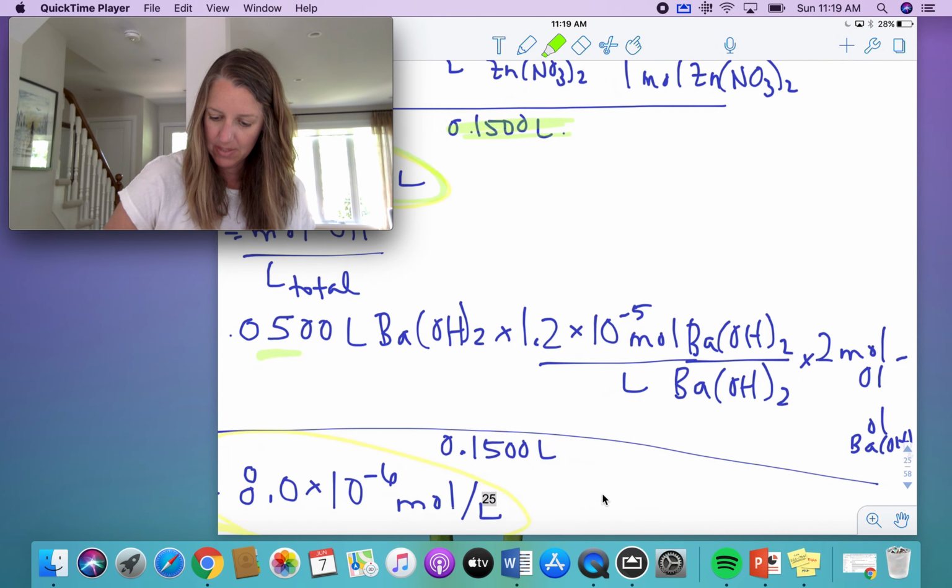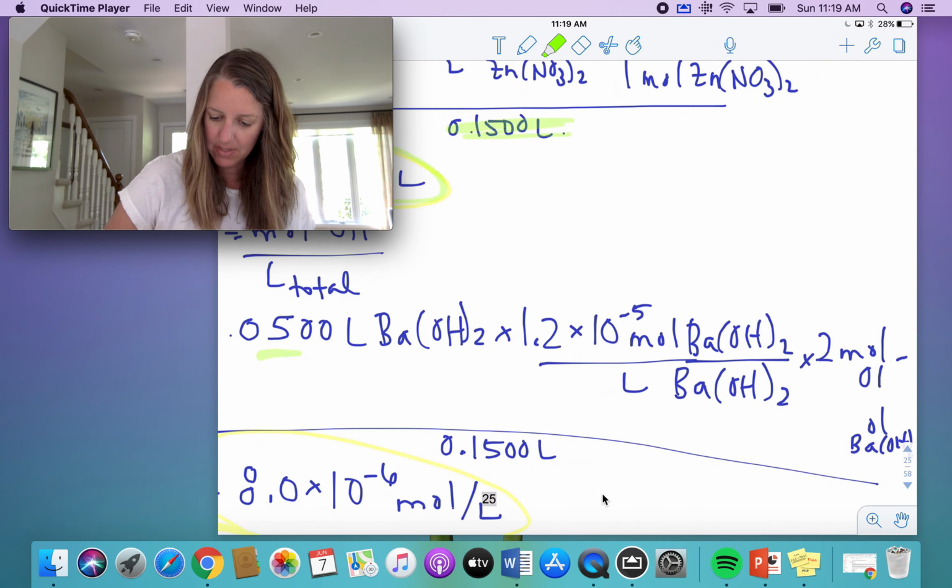Increase the concentration, it's going to shift to the left. Net effect, you're going to decrease the solubility of magnesium carbonate when you dissolve it in a solution of magnesium nitrate.